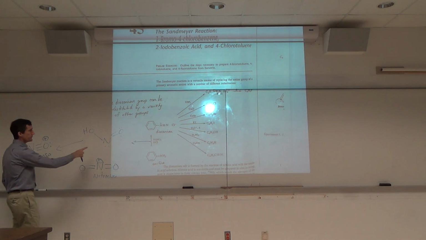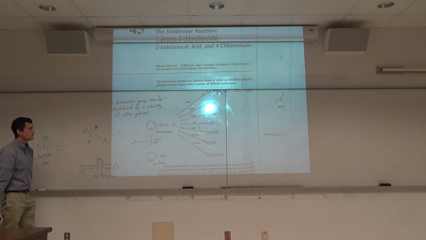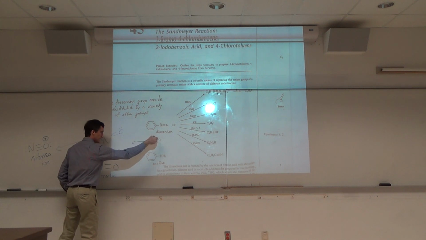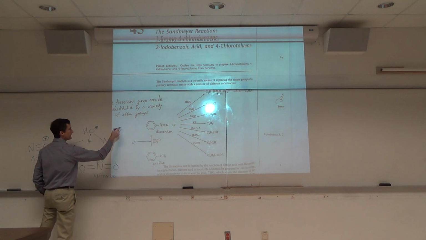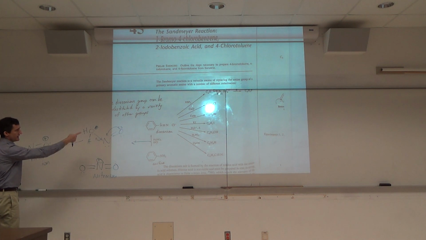How do you lose water from this? First thing you do is protonate it. So you do have to have another H+. Now, anytime you can make a pi bond, you kick off the leaving group, that's easy to do. And that arrow movement gives your nitrosonium ion.